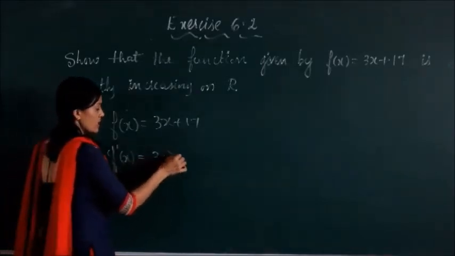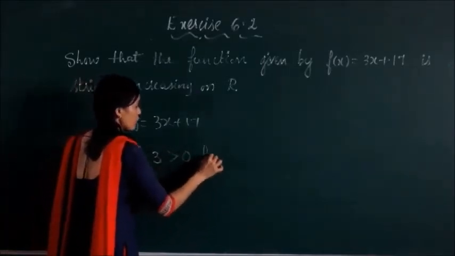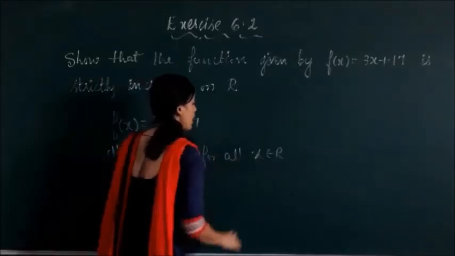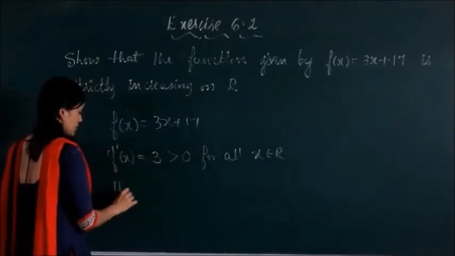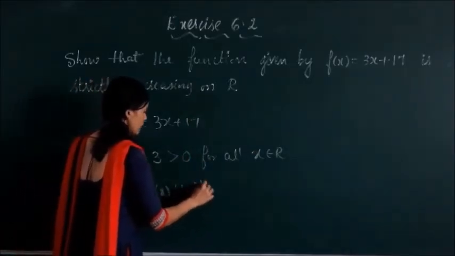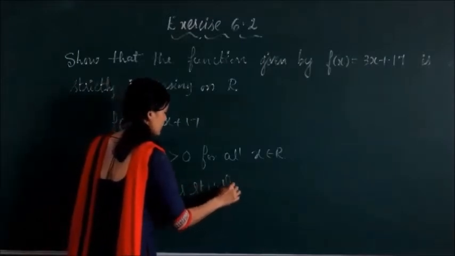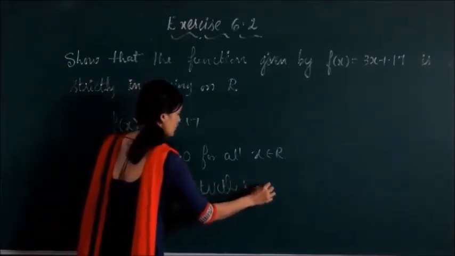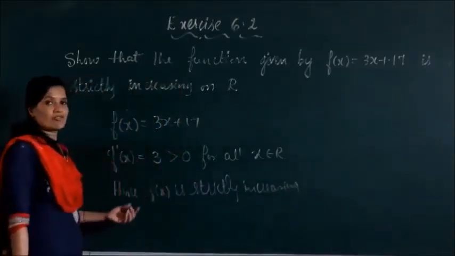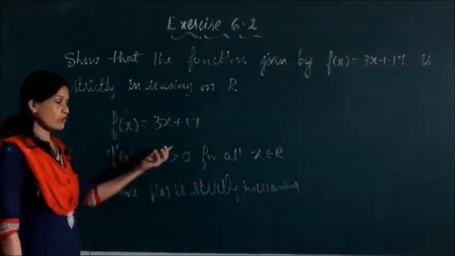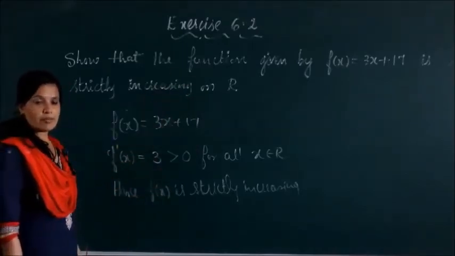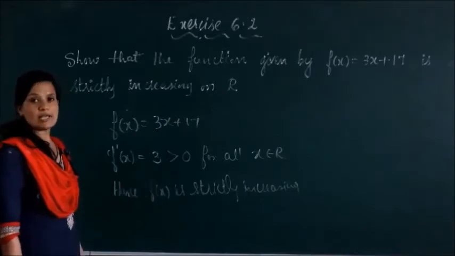Of course it is greater than 0 for all x belonging to R. Hence f of x is strictly increasing. So you have to prove that the condition f dash of x must be greater than 0 for all the values of x in the set of real numbers. Hence it is strictly increasing.